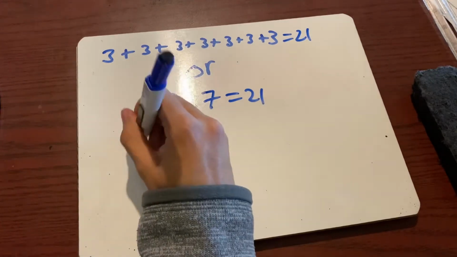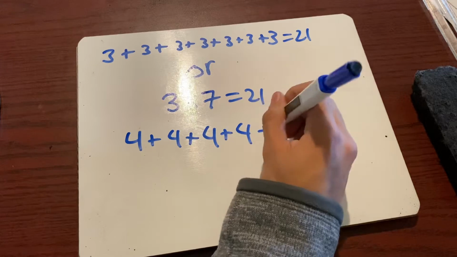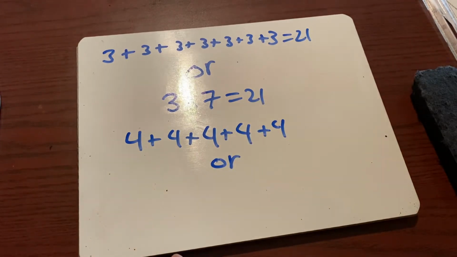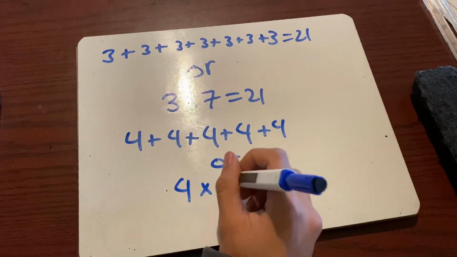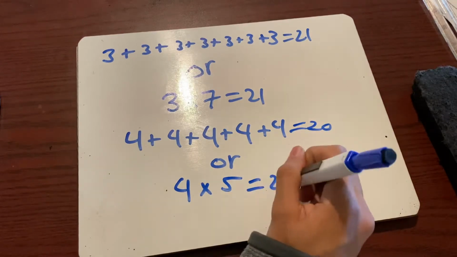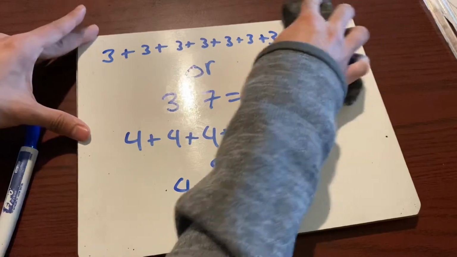What if I had 4 plus 4 plus 4 plus 4 plus 4? Another way we can rewrite that is 4 times 5, right? And it'll give me 20. Simple.